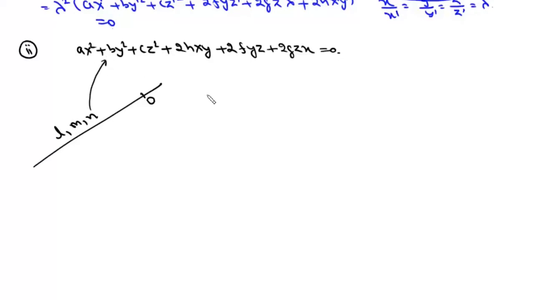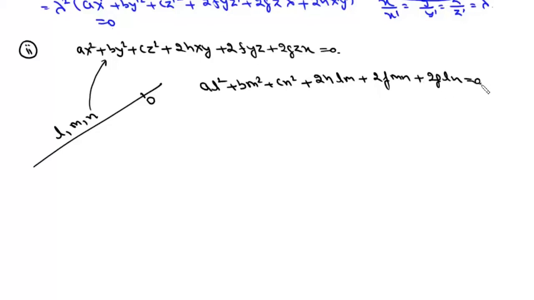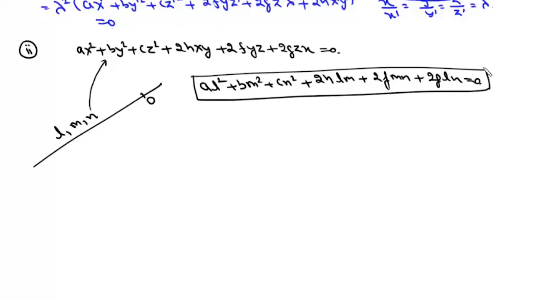So we'll prove that al² + bm² + cn² + 2hlm + 2fmn + 2gln will be equal to 0. And this is a very important result which we'll use in some questions.